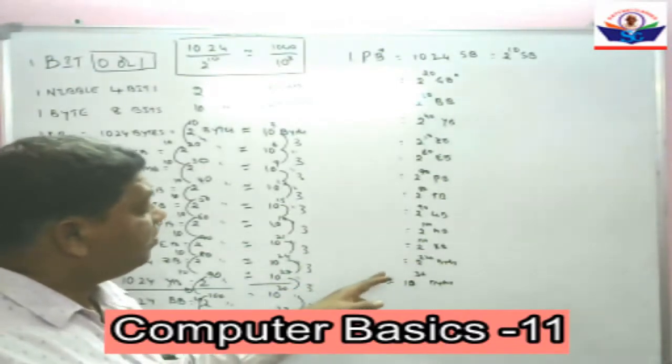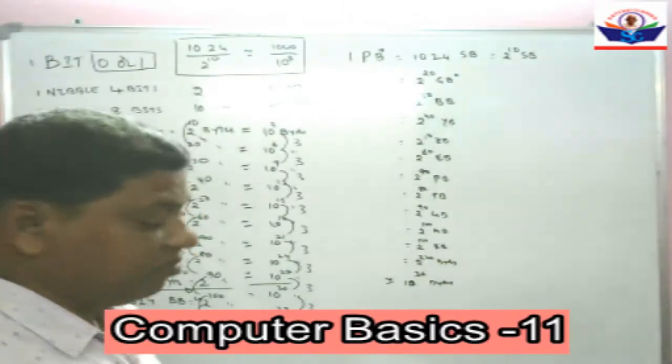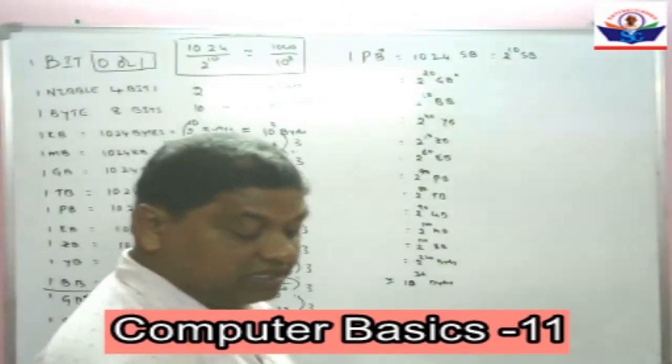Finally, 1 PB is equal to the 120 bytes, which is approximately 10 to the power of 36 bytes.